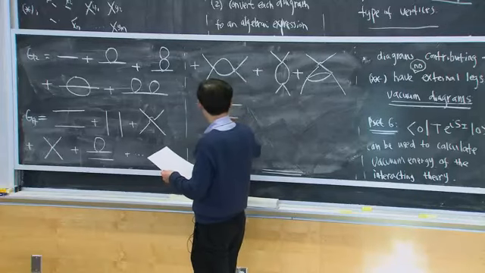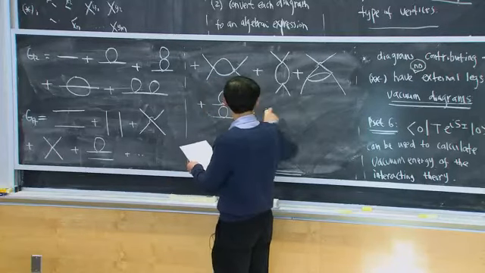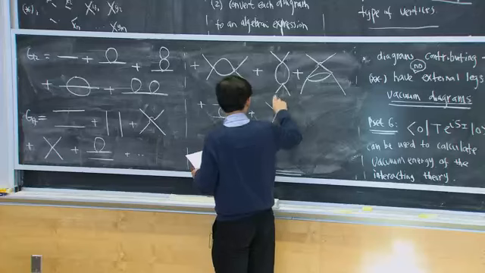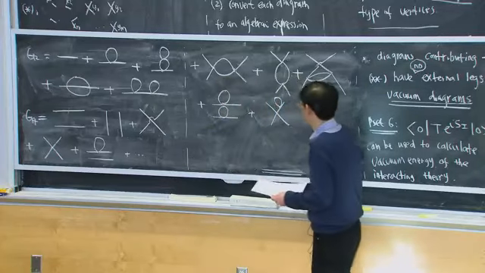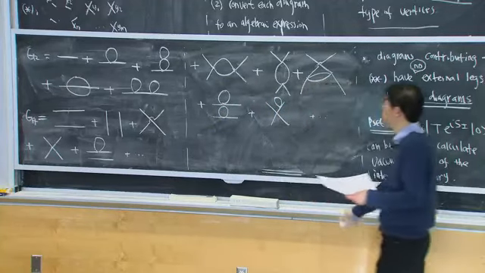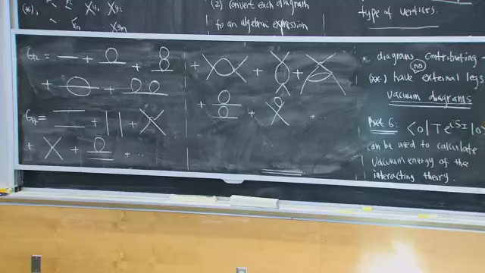There are still some more diagrams you can draw to lambda squared order. But again, it's mechanical, with a little bit of patience. There's no mystery here.